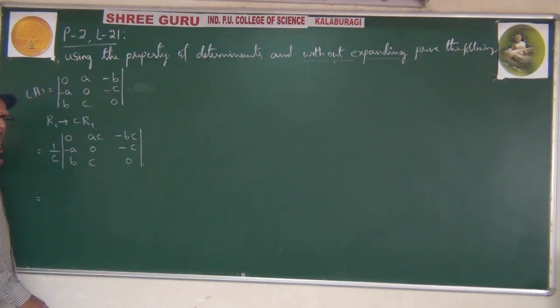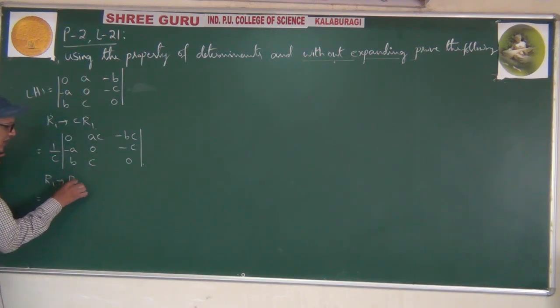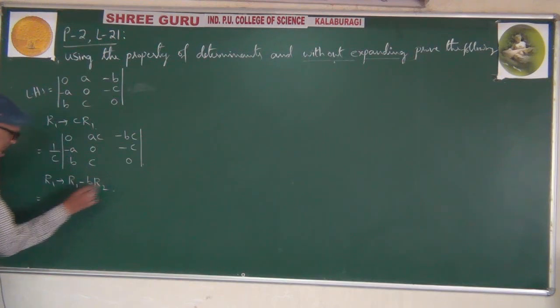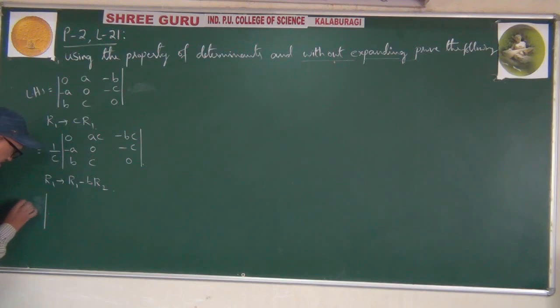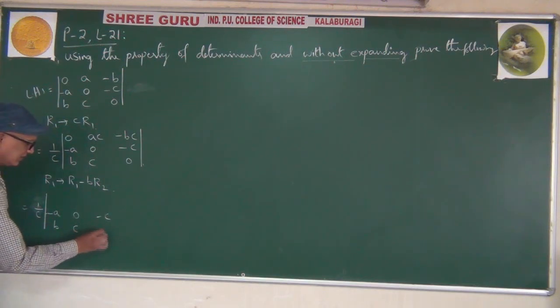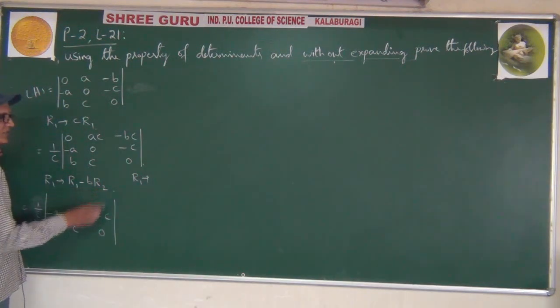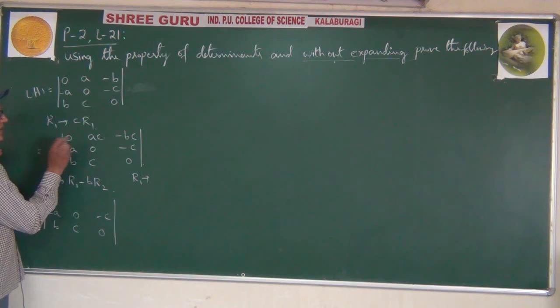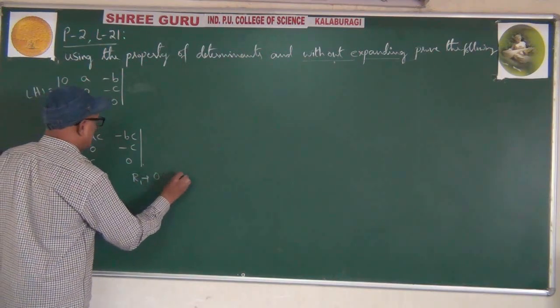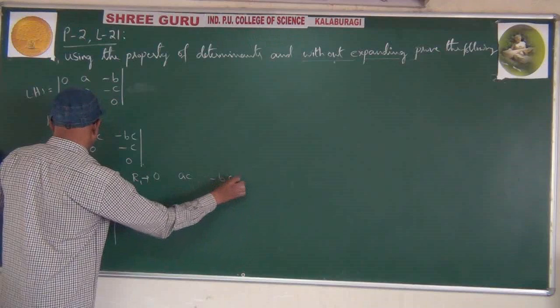Okay, right. Next operation, again R1 only: R1 minus bR2. R1 we are changing, R2 and R3 as they are. R1 is 0, aC, minus bC.